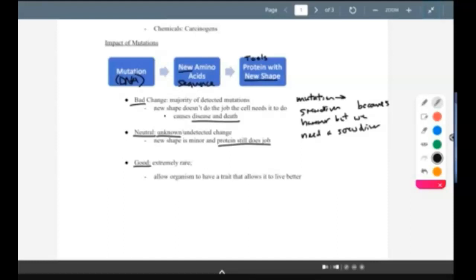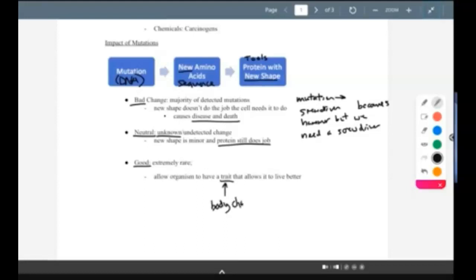The last category we can think about is good, okay? And good of the three are extremely rare. It allows an organism to have a trait that actually allows it to live better, okay? So it's got to be a trait. It's got to be something that changes in the body of the organism.